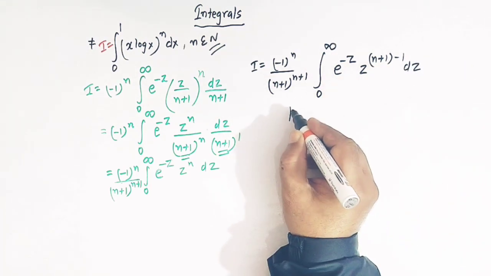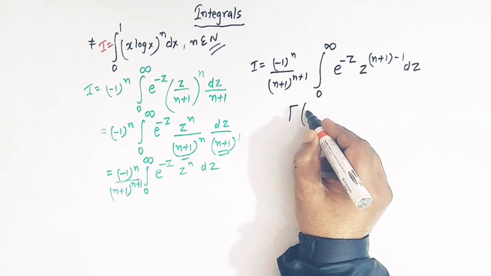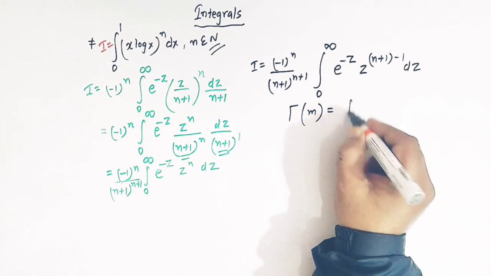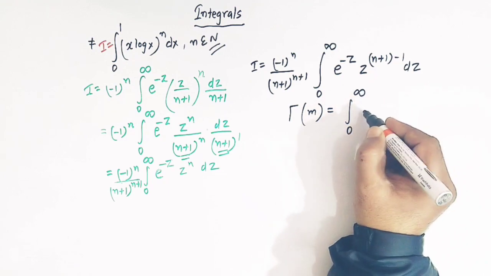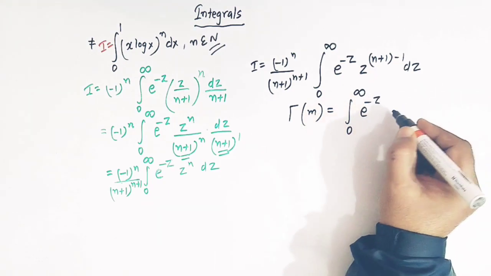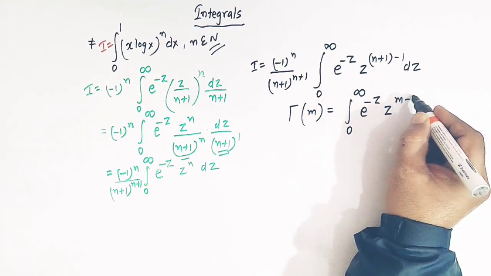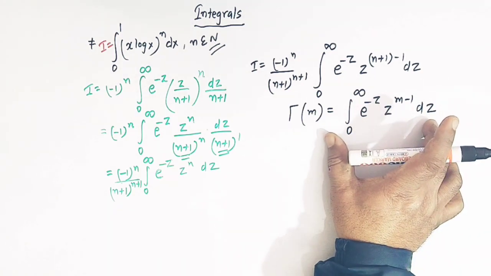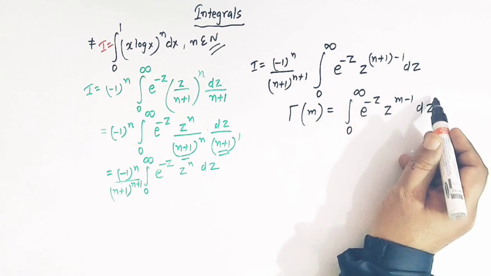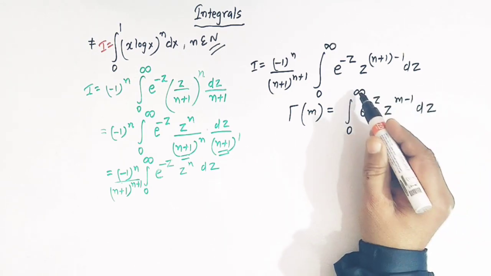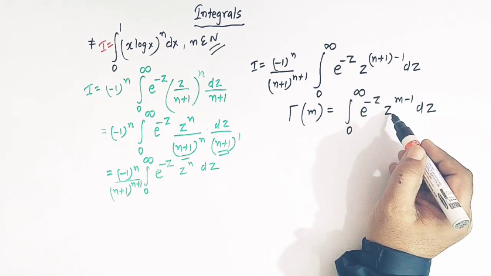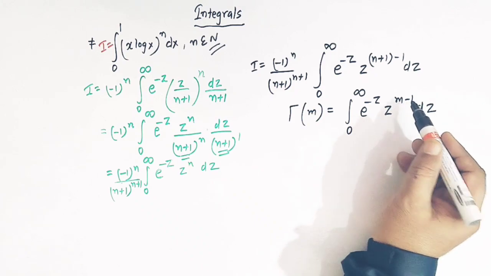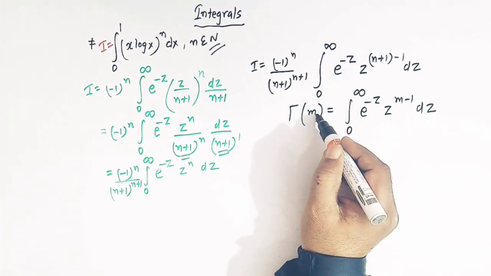Because gamma of m is defined as the integral from 0 to infinity of e raised to minus z, z raised to m minus 1 dz. This is the famous Euler's integral, and it is given by gamma of m.